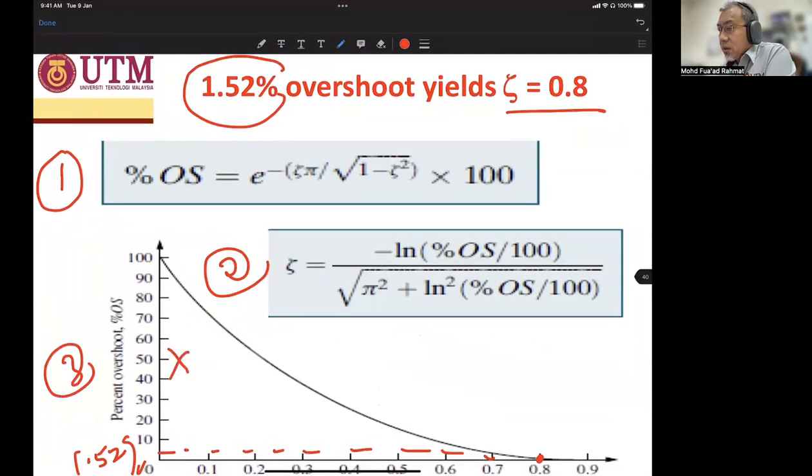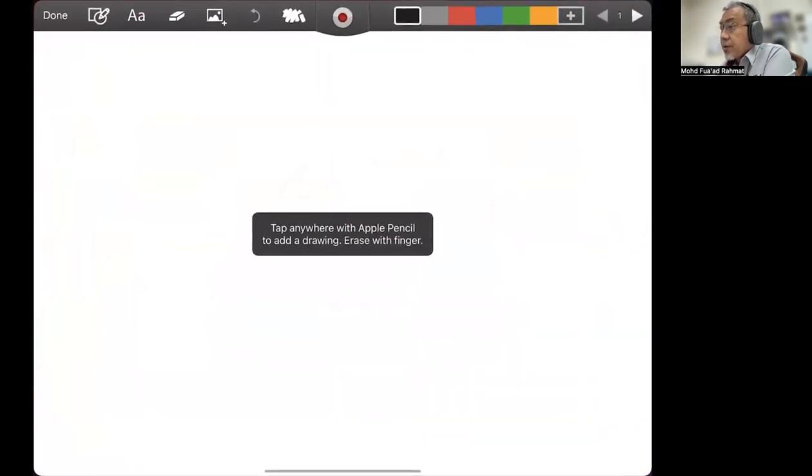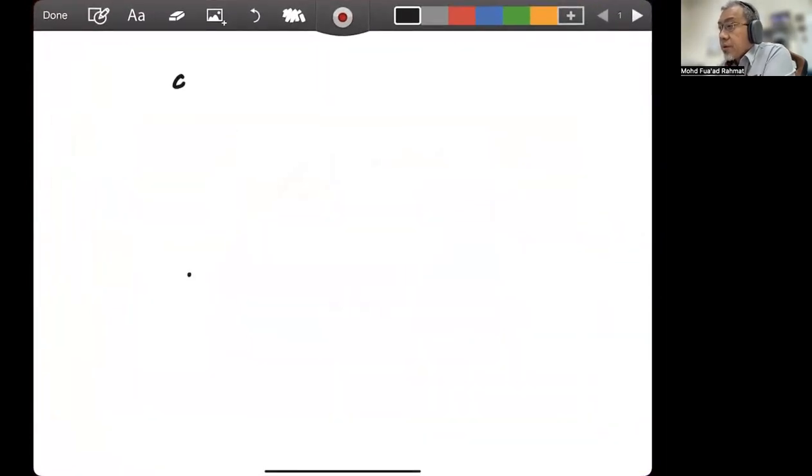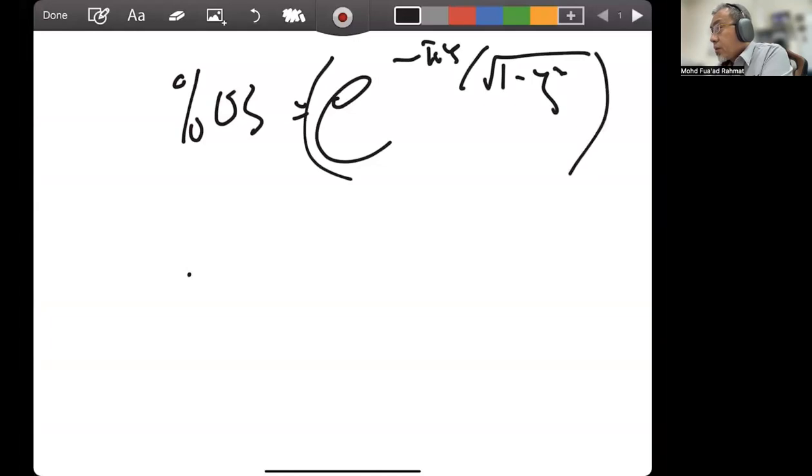You just take the formula: exponent of minus zeta pi over square root of 1 minus zeta squared, multiplied by 100%.